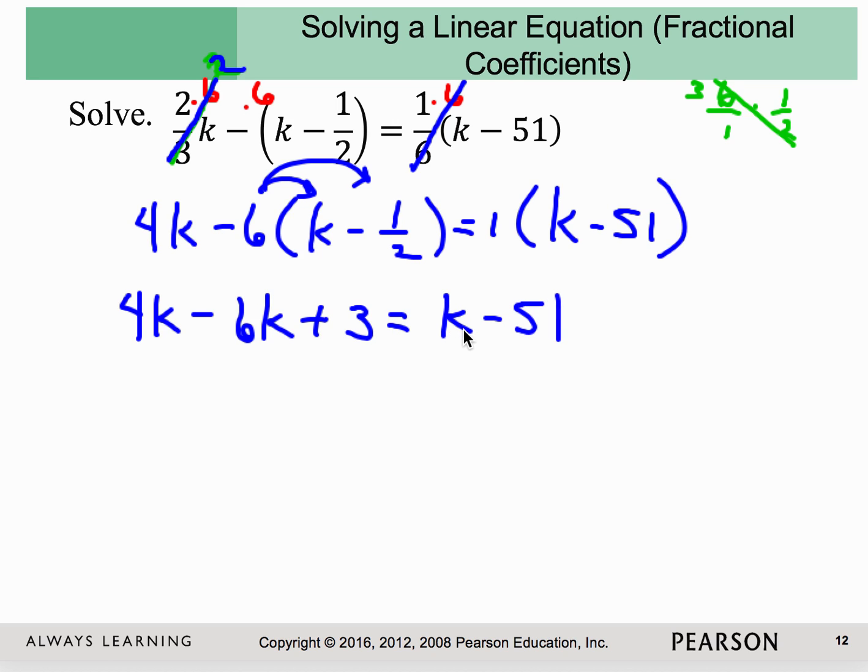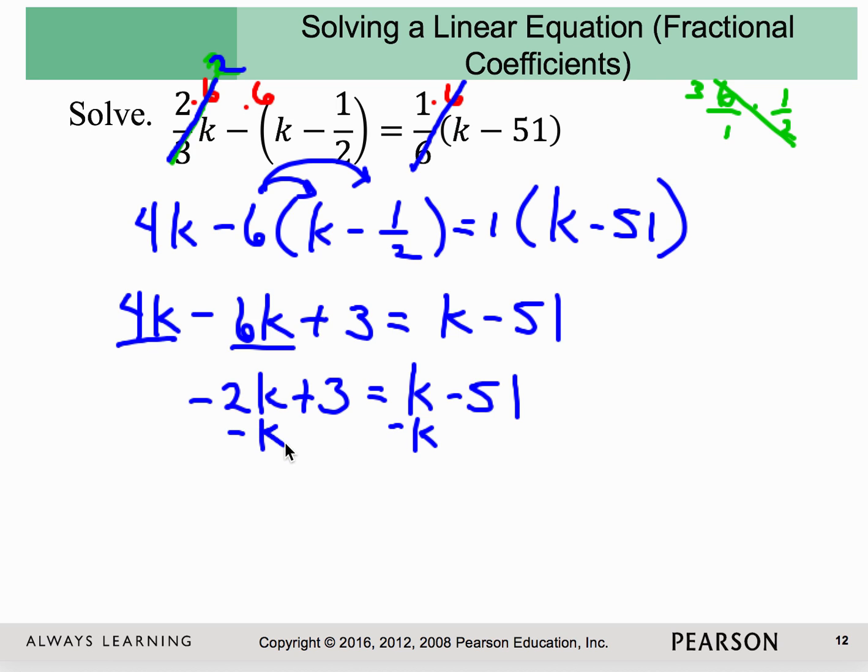After you get rid of fractions and you get rid of parentheses, you simplify each side if possible. And I've got two like terms here. So 4k minus 6k is negative 2k plus 3 is k minus 51. Put all your variables on the same side.